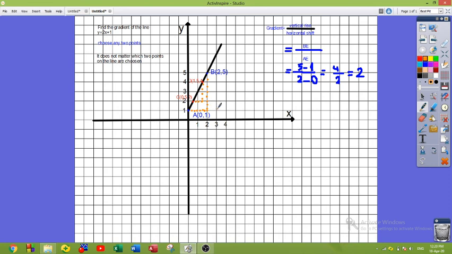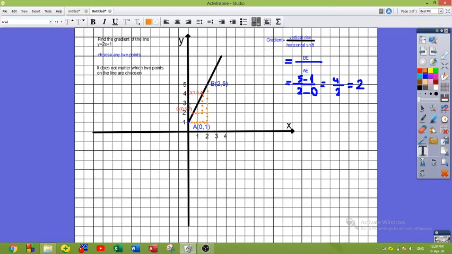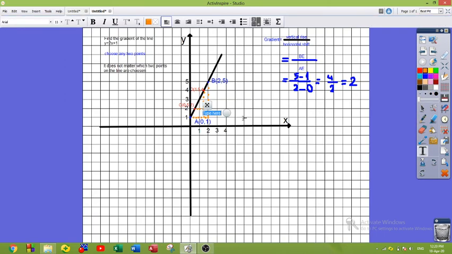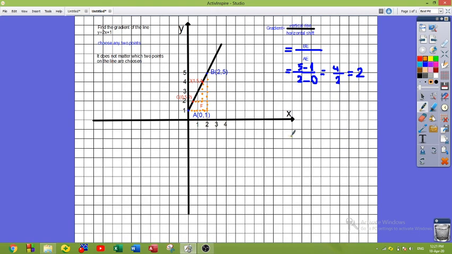Here we are going to say this is point F. We are going to evaluate the gradient in this form: our gradient will be equal to DF over CF.